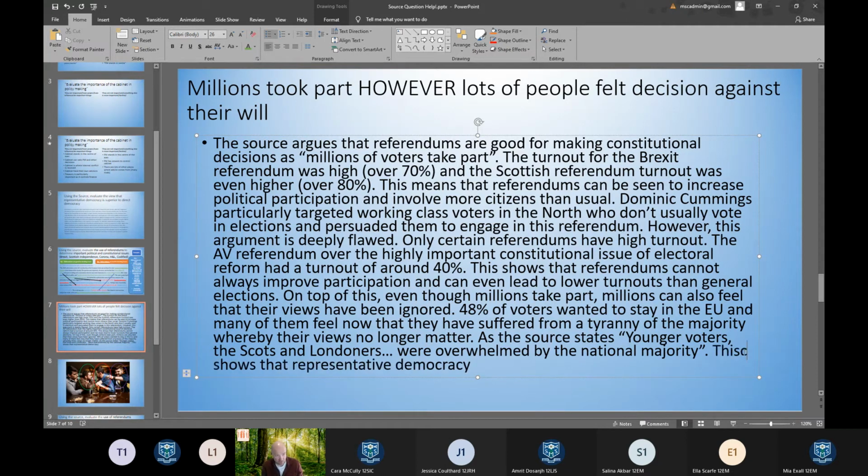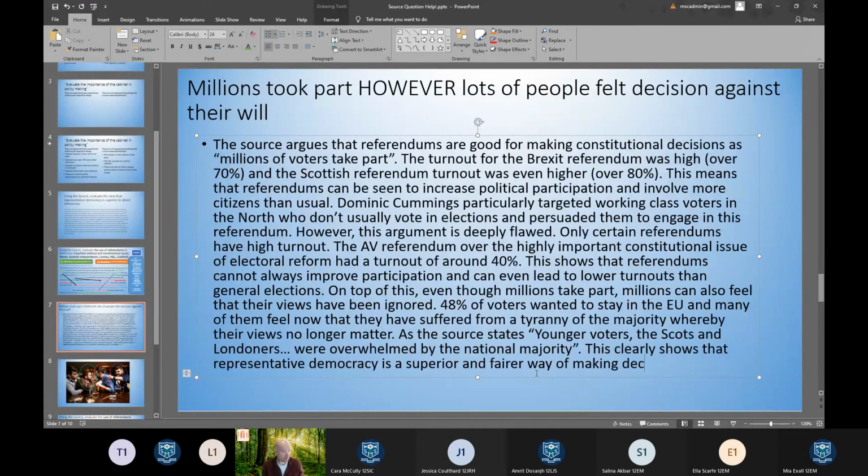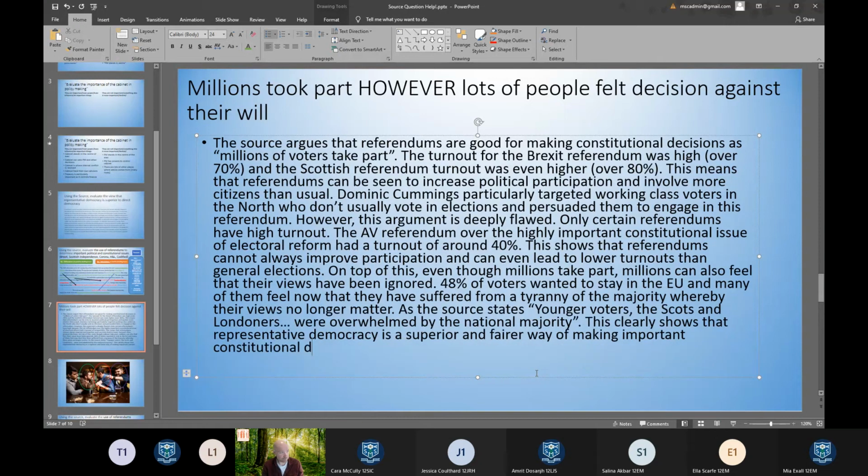This clearly shows that representative democracy is a superior and fairer way of making important constitutional decisions.